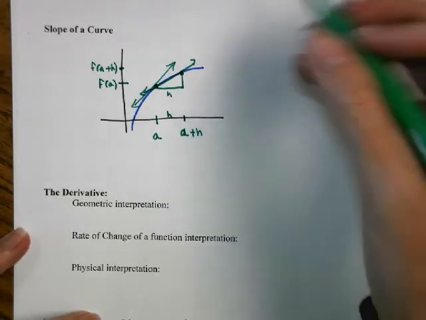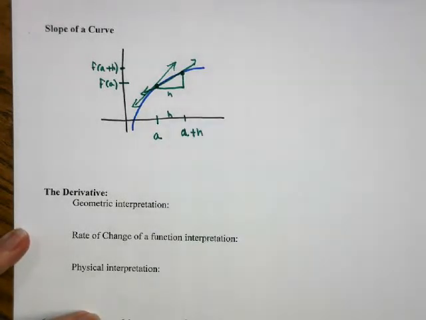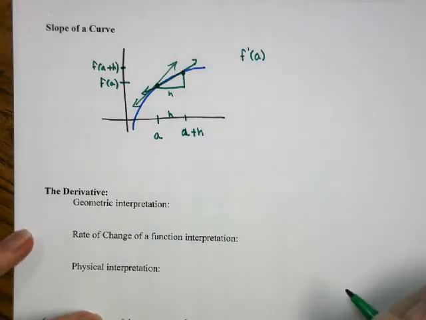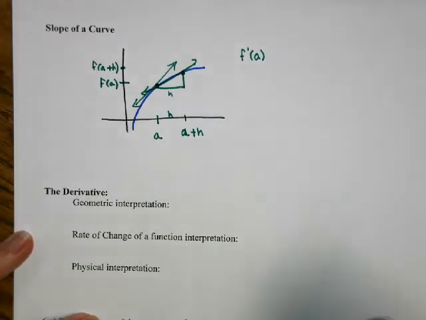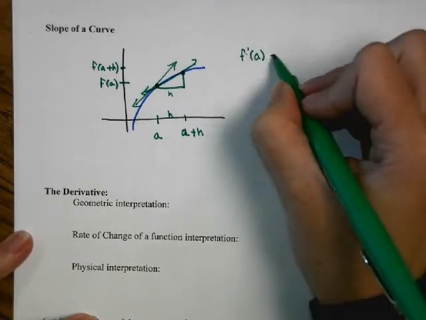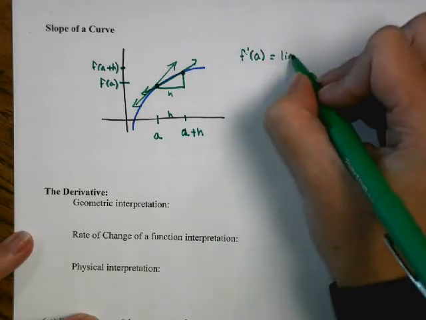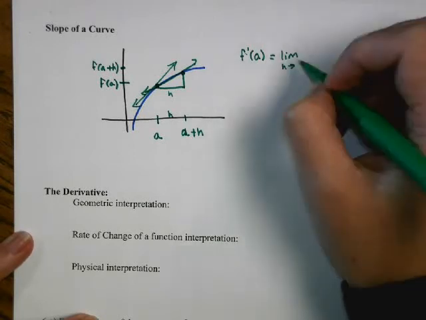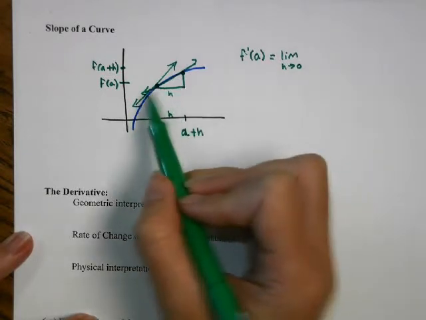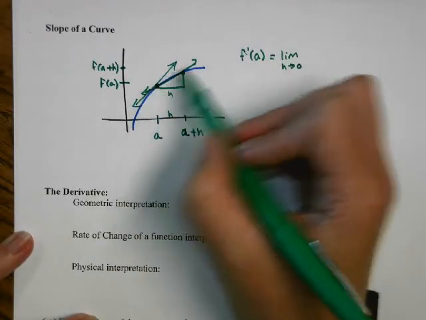So here's some notation. This is going to be the derivative. This is going to be the slope at point A. So the slope, and this symbol here means derivative, is going to be the limit as h goes to 0, so as that h value gets smaller and smaller, of the slope of the secant line.